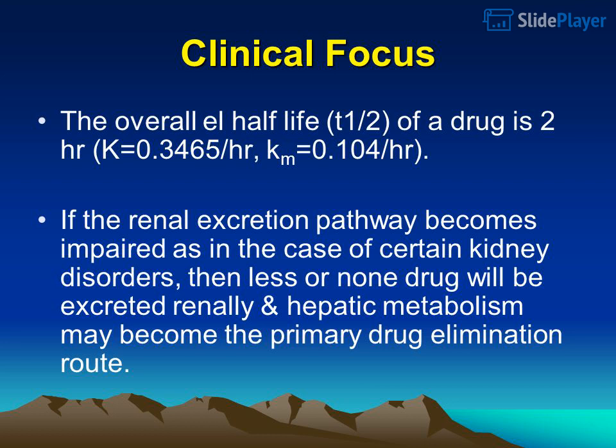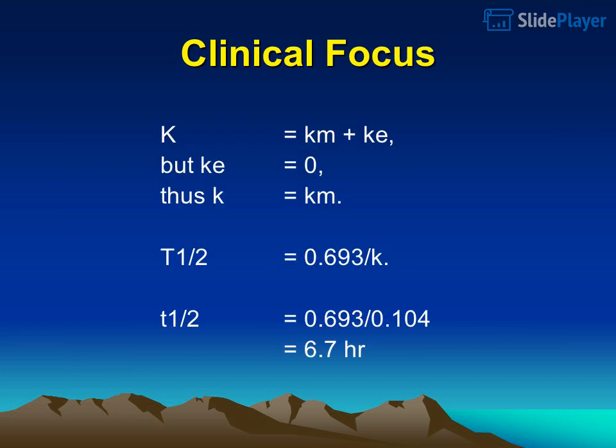If the renal excretion pathway becomes impaired, as in certain kidney disorders, then less or none of the drug will be excreted renally and hepatic metabolism may become the primary elimination route. K equals Km plus Ke, but Ke equals 0, thus K equals Km. T1/2 equals 0.693/K, which equals 6.7 hours.